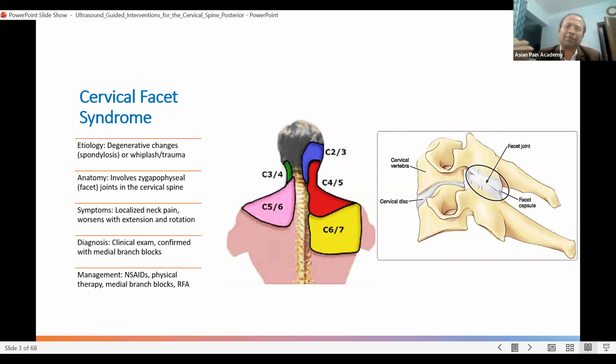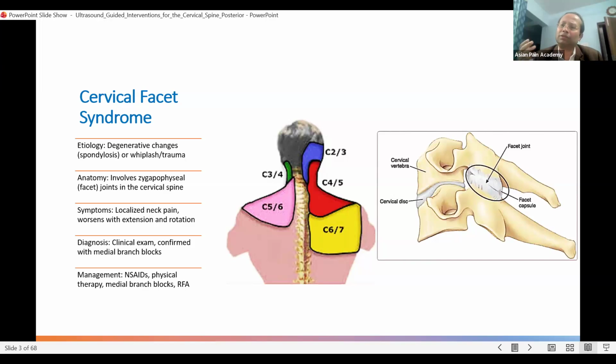So there are multiple types of clinical examination where we stress the facet joint. Axial loading: we do axial loading and stress the facet joint to see whether pain is reproduced from there or not.